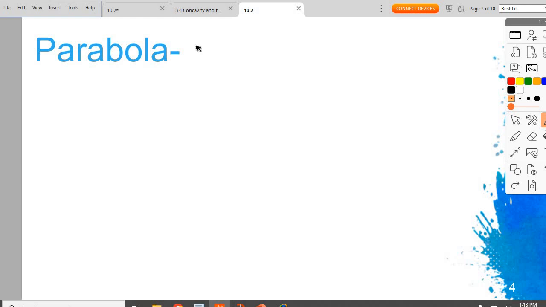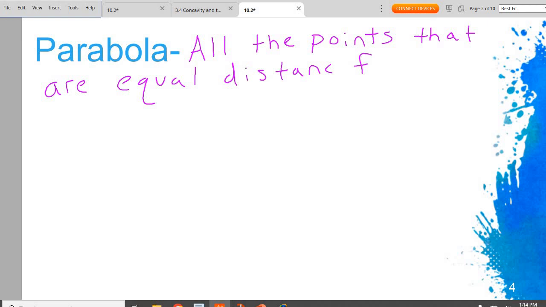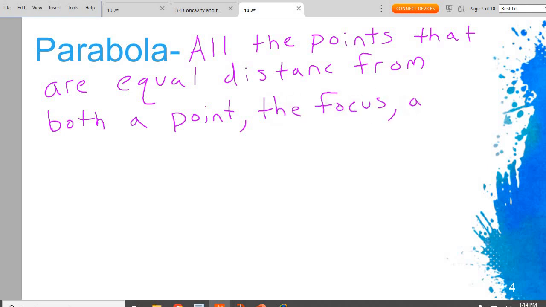So, a parabola is all the points that are equal distance from both a point, which is called the focus, and a line, which is called the directrix.